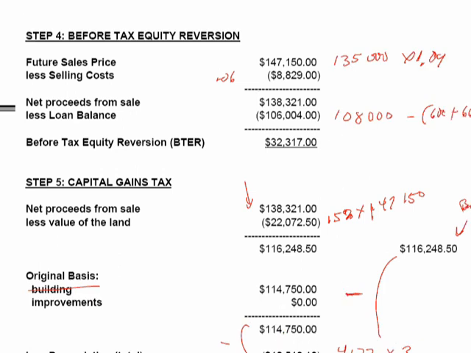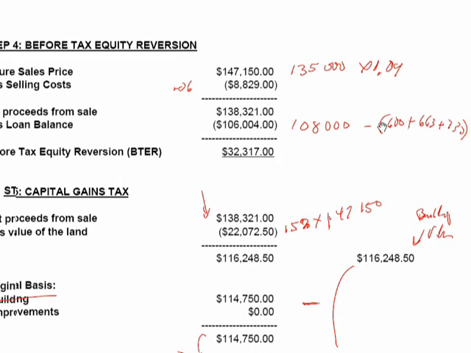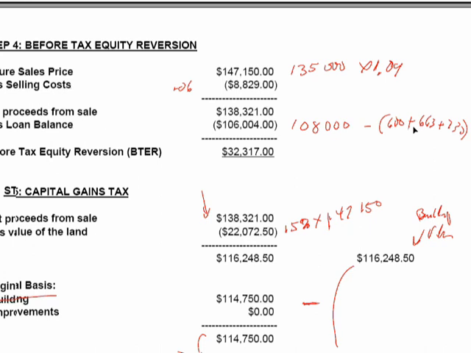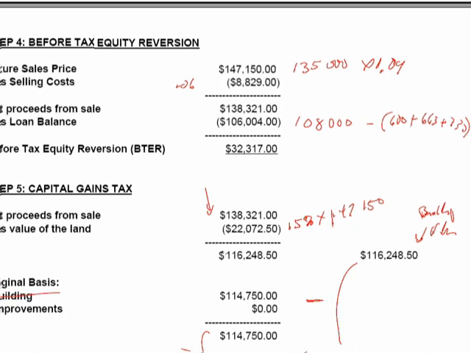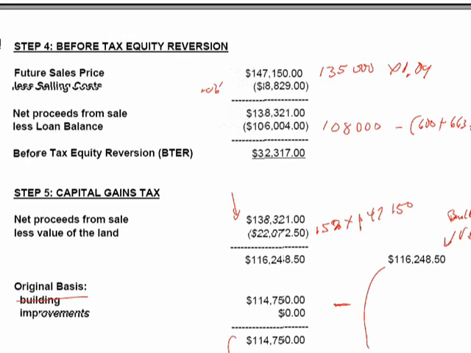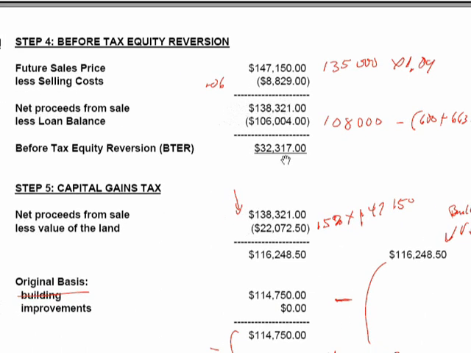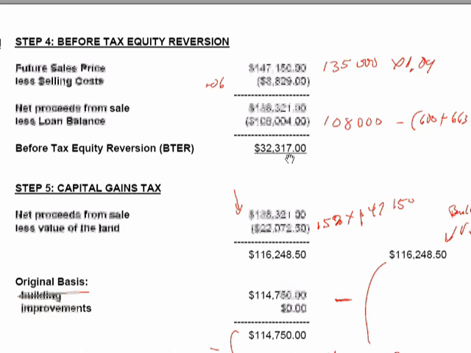So what we've done here is take 108,000, subtract out 600, minus 663, minus 730, I think it was, and that should give you $106,004. That's the mortgage balance at the end of the third year. Subtract that from the net proceeds from sale, and that gives us the before tax equity reversion, 32,317. But that's still not money in the investor's pocket.